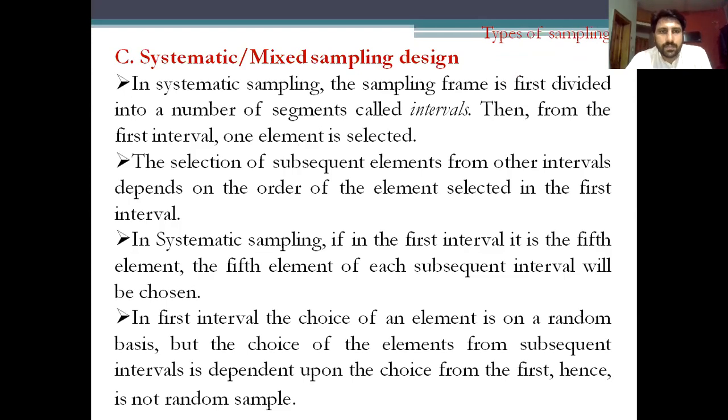In systematic sampling, the sampling frame is first divided into a number of segments that are called intervals. Then from the first interval, one element is selected, that is a random selection. The selection of subsequent elements from other intervals depends on the order of the element selected in the first interval.